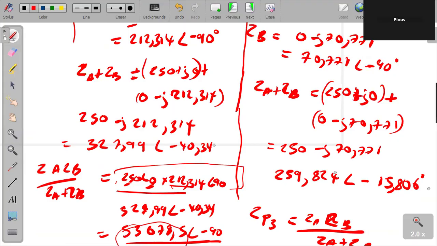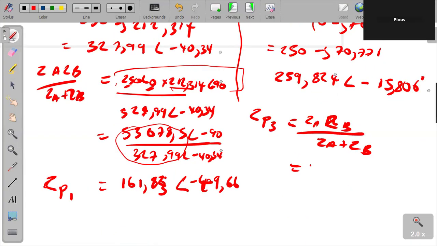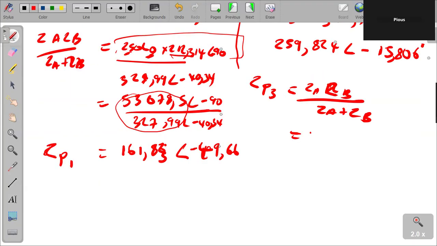That will give us 17,692.752 angle of negative 90.